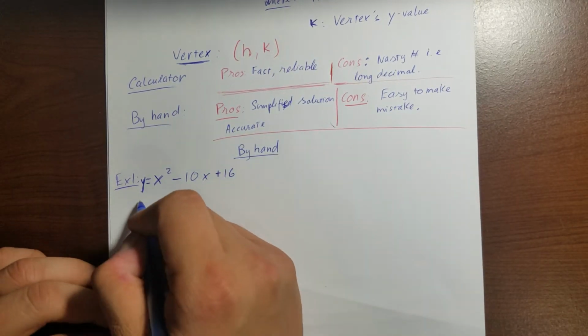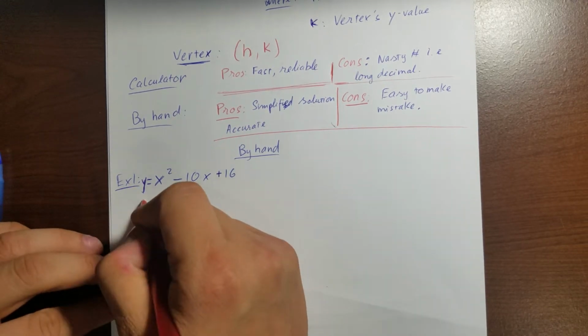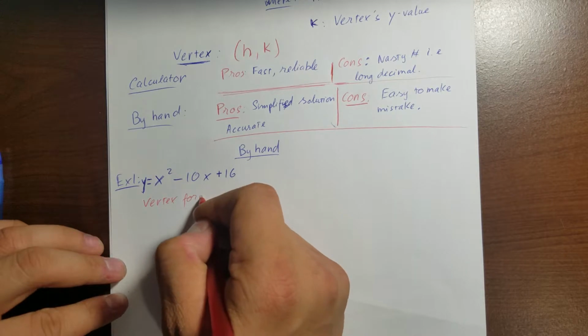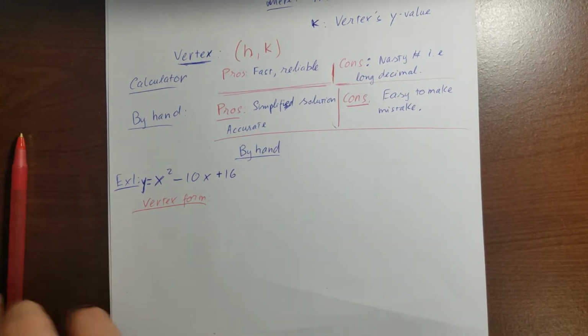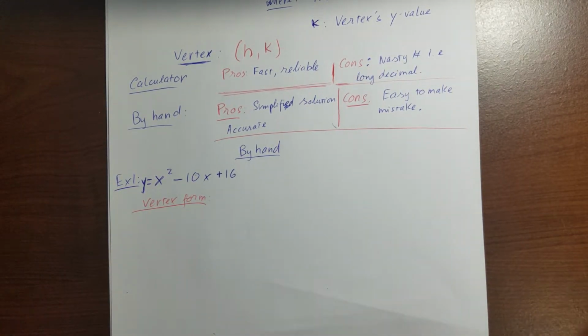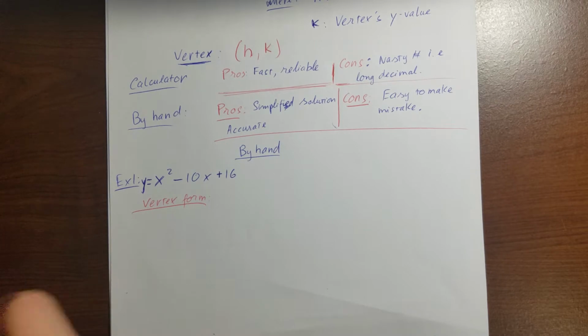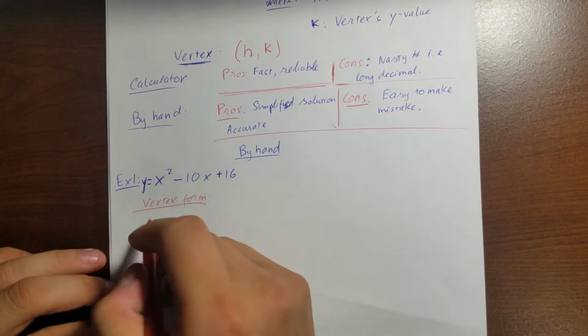So to find your vertex form, let me review something really quick, which is your vertex x value.